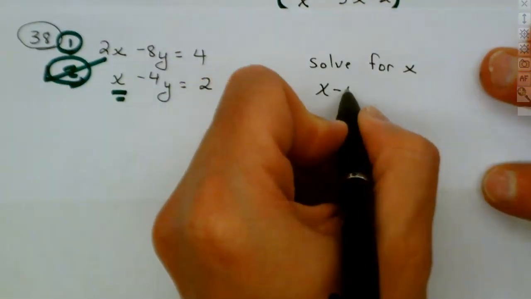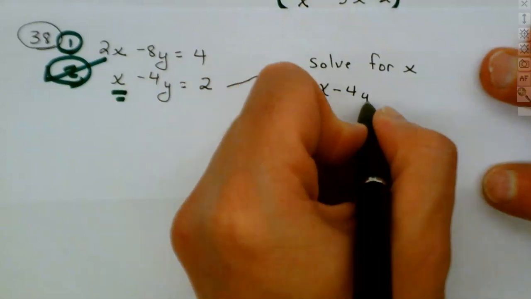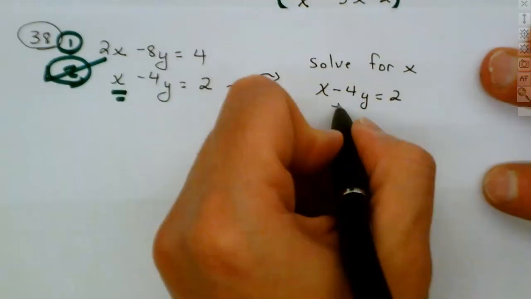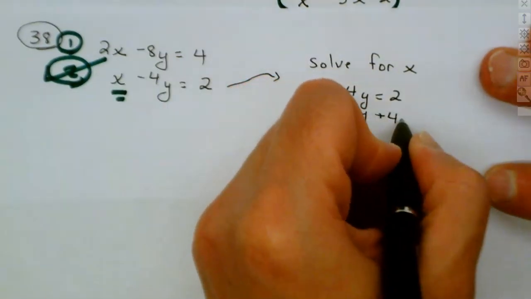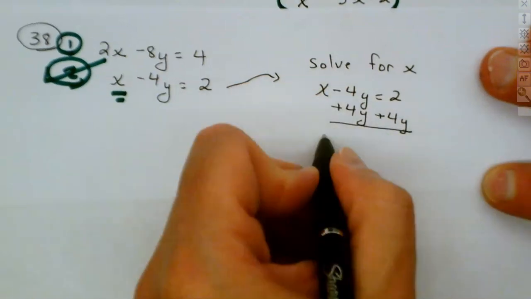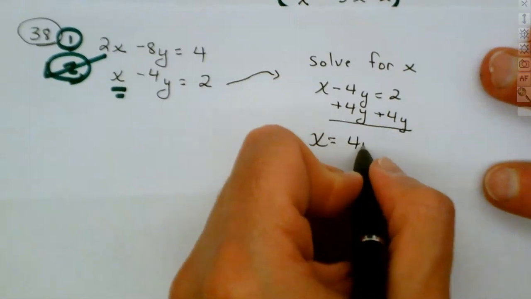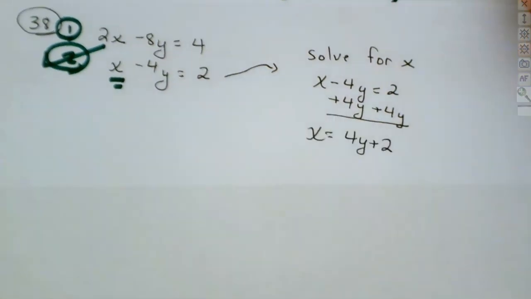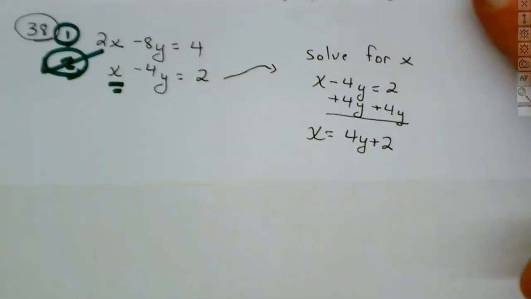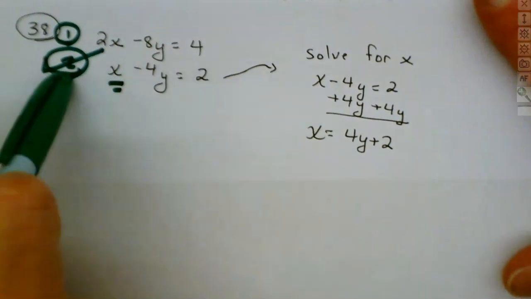So we've got x minus 4y equals 2. So we'll add our 4y over. And now we've got x equals 4y plus 2. And I put a check mark by 2 because we used it.